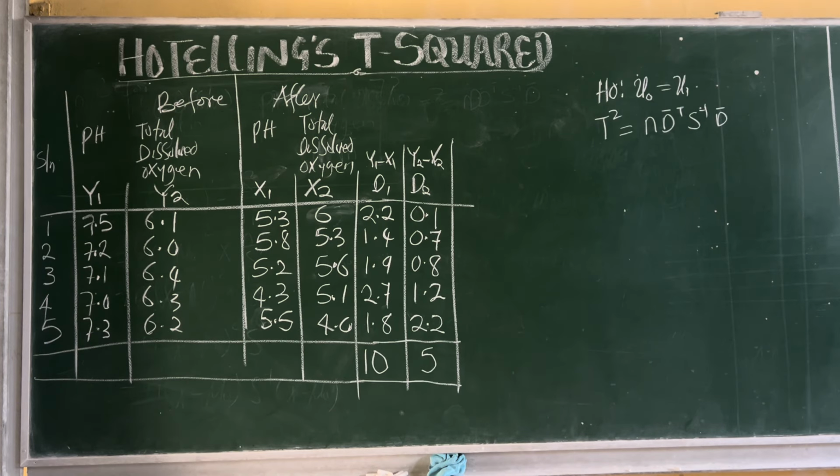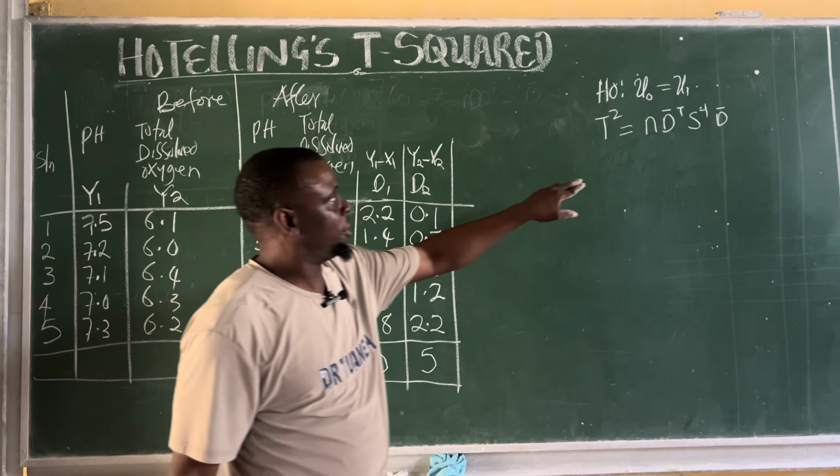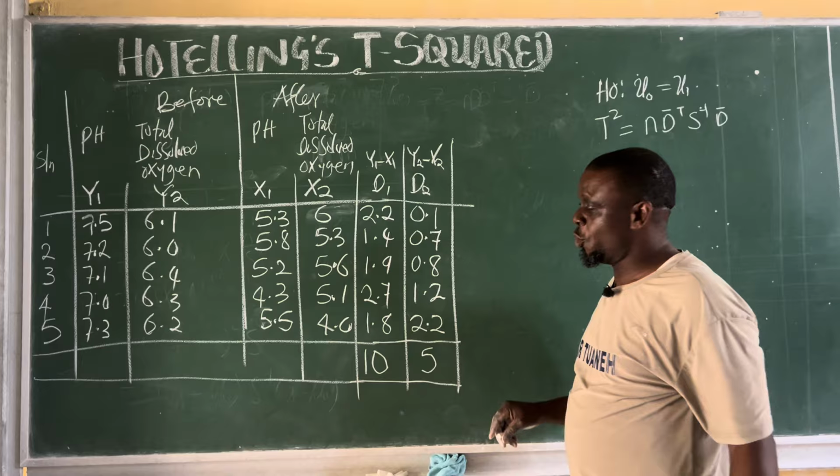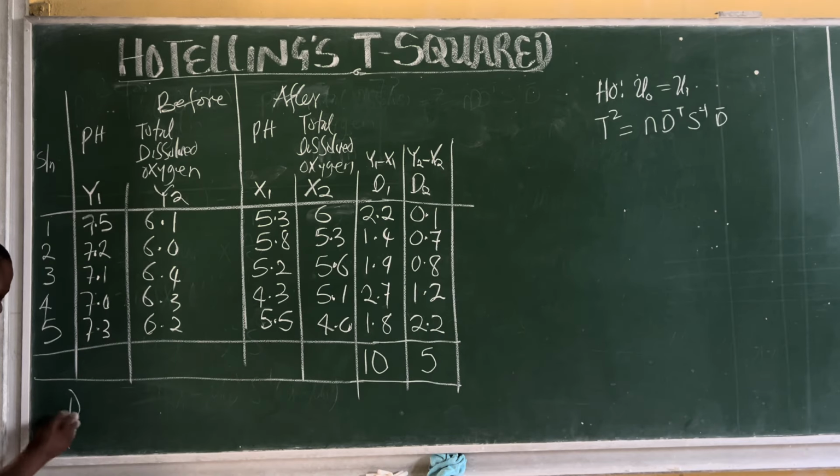Now note that our D bar is the mean. D bar is the mean of D. In this case, we have D1 and D2. So the mean of D1, so that we say our D1 bar will be equal to the summation of D1 all over N. And our sum of D1 is 10. Our N is what? 5, the number of observations. And that's going to be equal to 2.